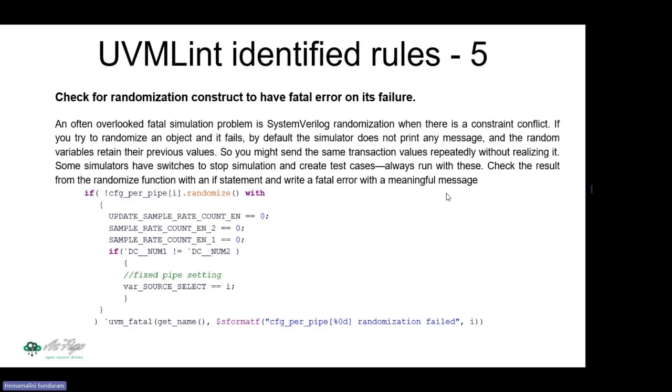It's not ignored, it's overlooked. The simulator does not print any message. So because of this linting rule, we are checking the result from the randomize function with an if statement, and we write a fatal error with a meaningful message.